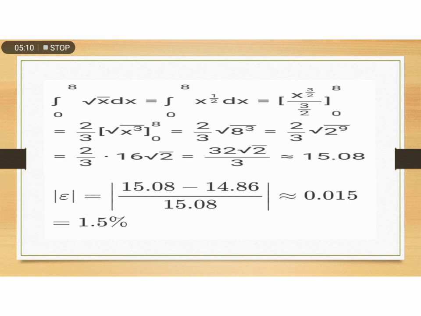So equals 0.015 or 1.5%. So that is the approximation of the integral using Simpson's rule.